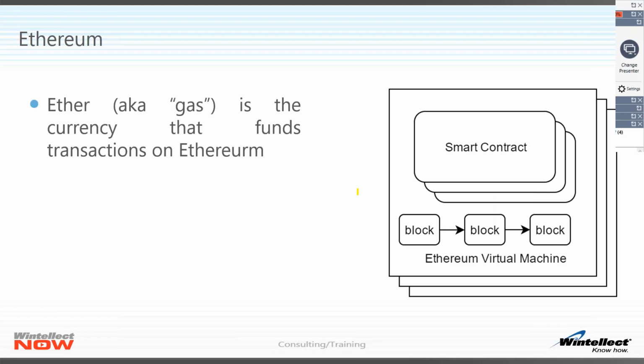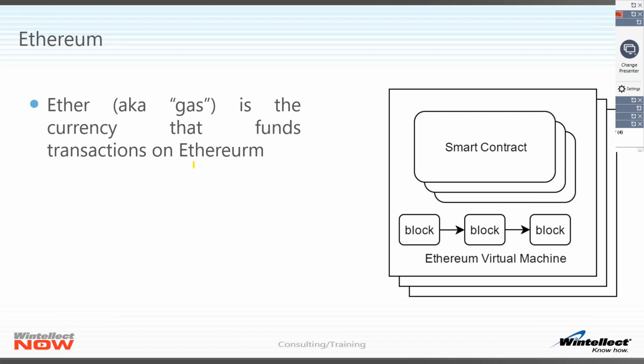It uses Ether, also known as gas, and this is what funds transactions on the Ethereum network. Now, going back to what we were talking about a minute ago with that ledger, cryptocurrencies in the context of blockchains aren't necessary for blockchains to work. It's one of those things that kind of comes along with blockchains, but fundamentally blockchains are all about the distributed ledger, and you don't have to have some kind of cryptocurrency in order for them to work.